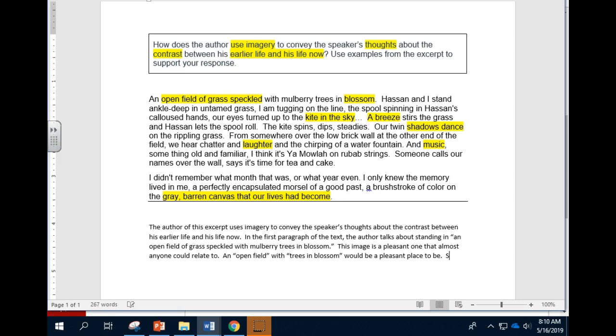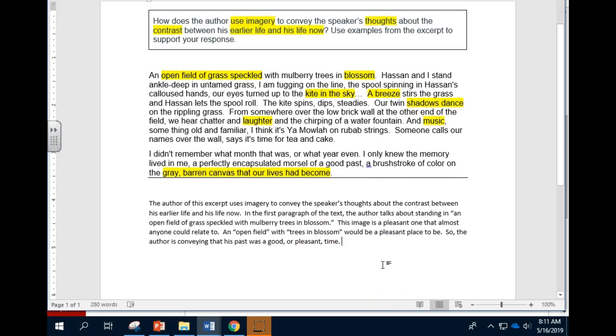So the author is conveying that his past was a good or pleasant time. All right, I'm going to pause this and go ahead and continue to write, and then I'll bring you back into it.